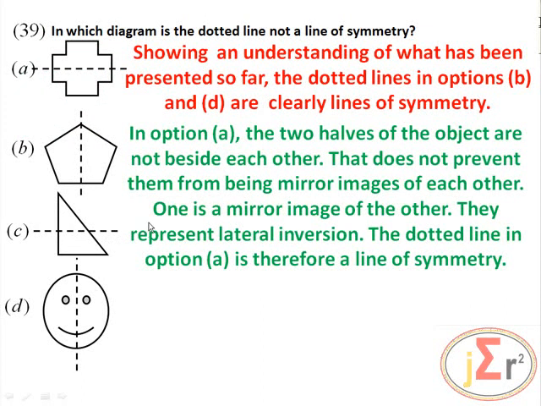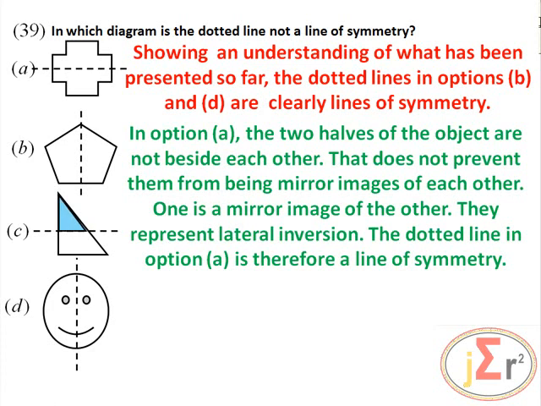No. Right. Therefore, we do not bother to even consider if the two halves are mirror images of each other, because they are not two halves actually. So this line does not divide the object into two halves. It is therefore not a line of symmetry.